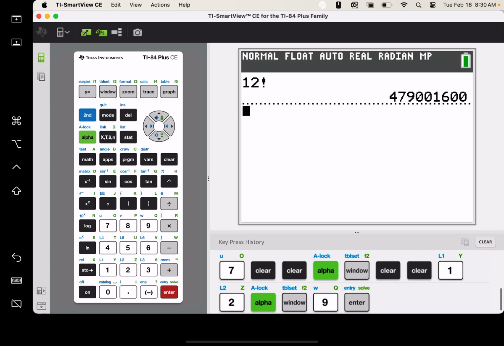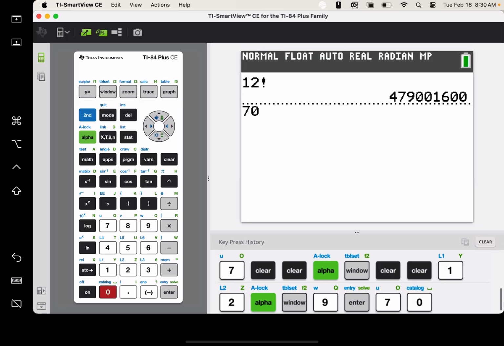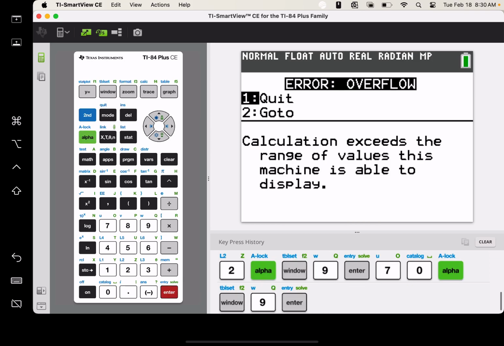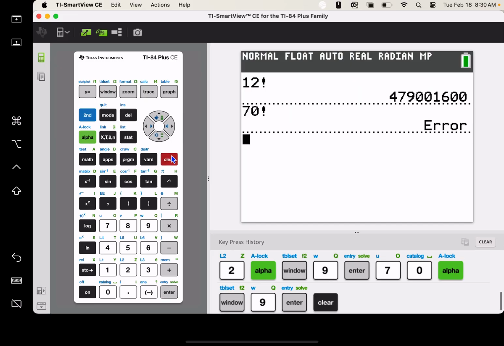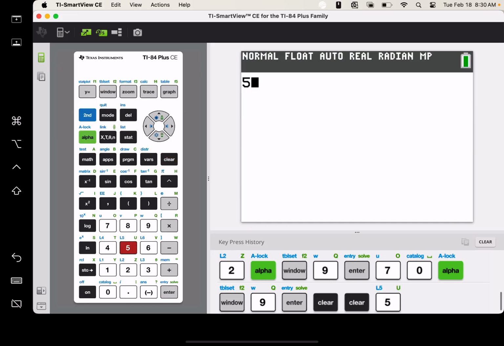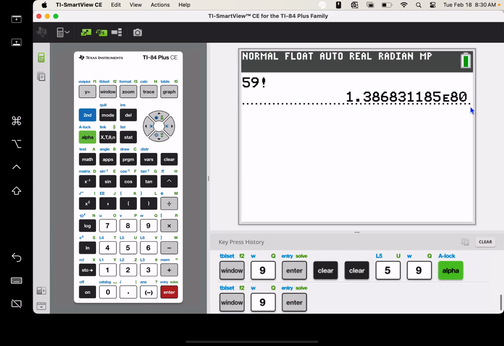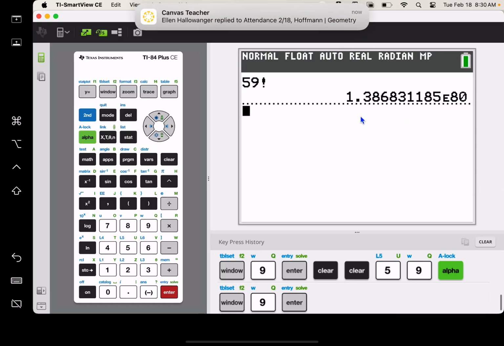So be careful with these. Your calculator cannot do anything that is 70 or above on the factorial. It gives too big of a number for the calculator to display. If I do something like 59 factorial, it's getting pretty large by the time we get to 59 factorial. These stack up very, very quickly. So that was permutations and factorials on the calculator. I think that's good for now.